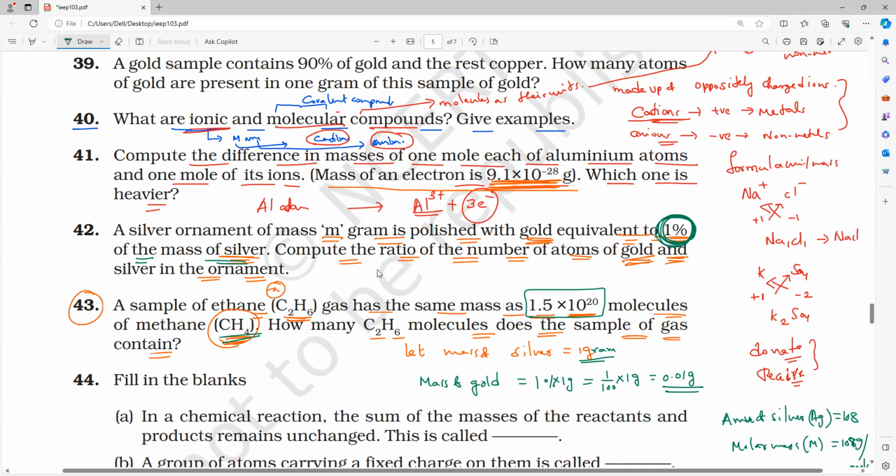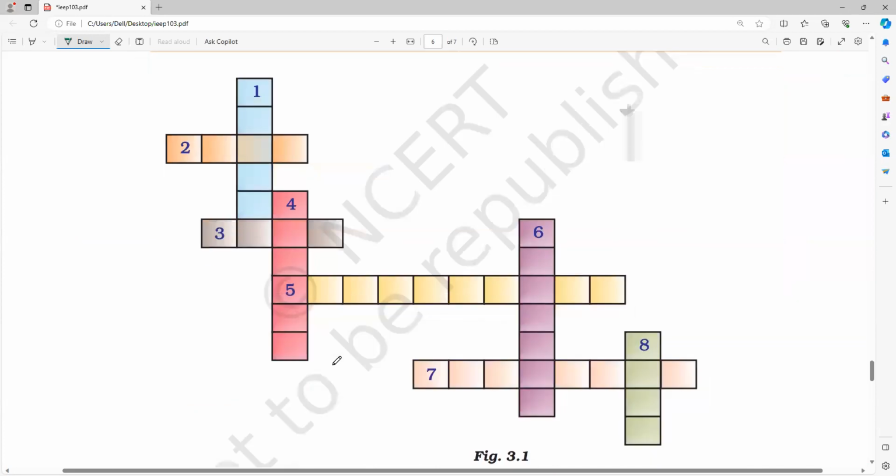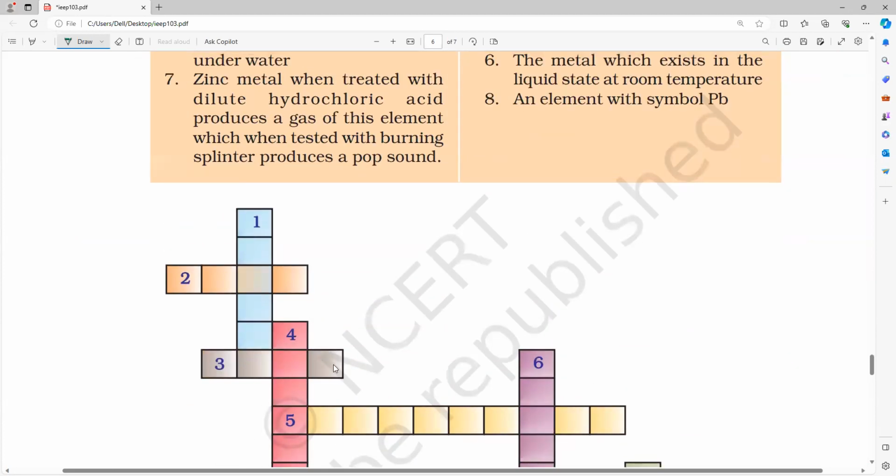So the number of molecules of CH4, how much is given for methane? 1.5 into 10 power 20.